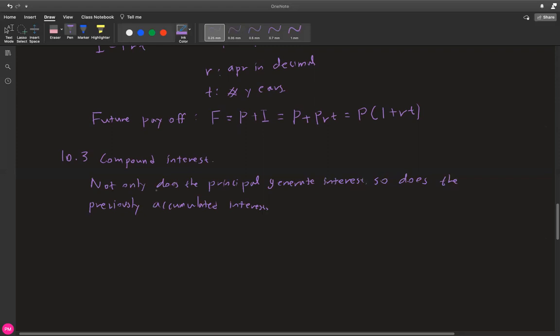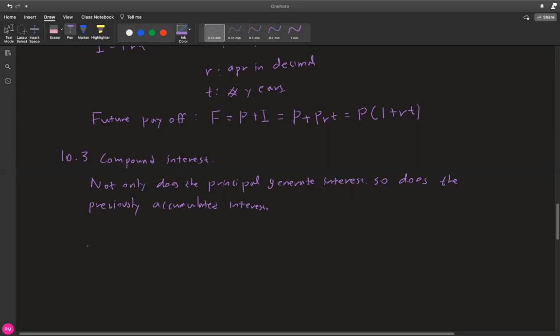The notable example that we did here was the trust fund account. When your parents deposited X amount of money into your account when you're born, let's say when you're 18 years old, how much has that generated? Or when you're 60 years old, how much is it?